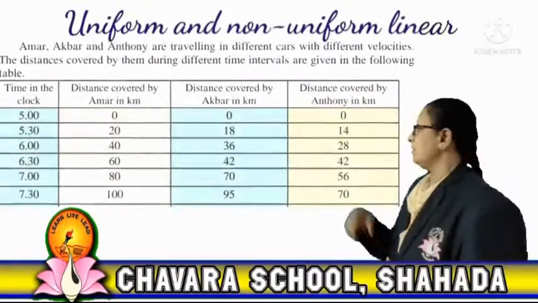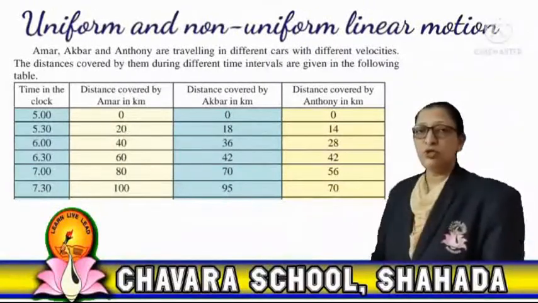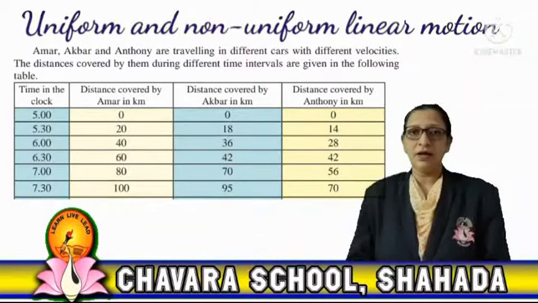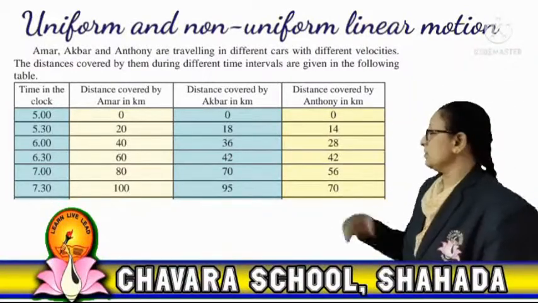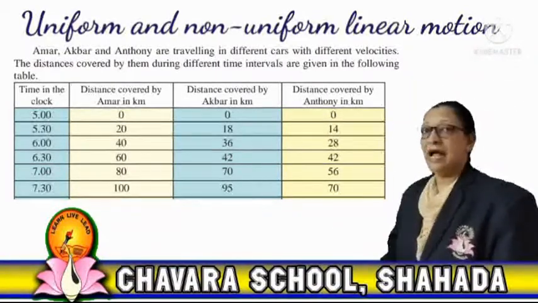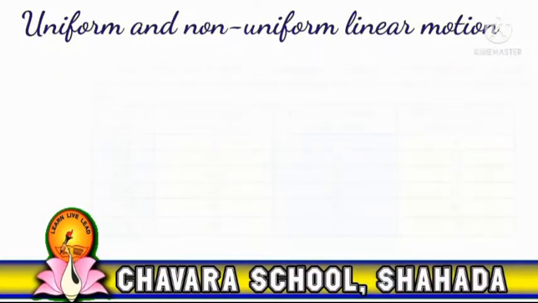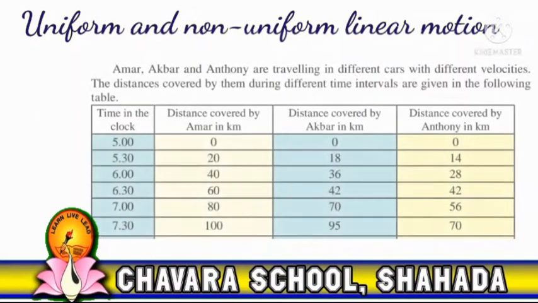Here we take a chart which is showing the motion of the three friends Amar, Akbar and Anthony. Let us observe all the readings and answer the following questions. In this chart, in the first column, time in the clock is given.